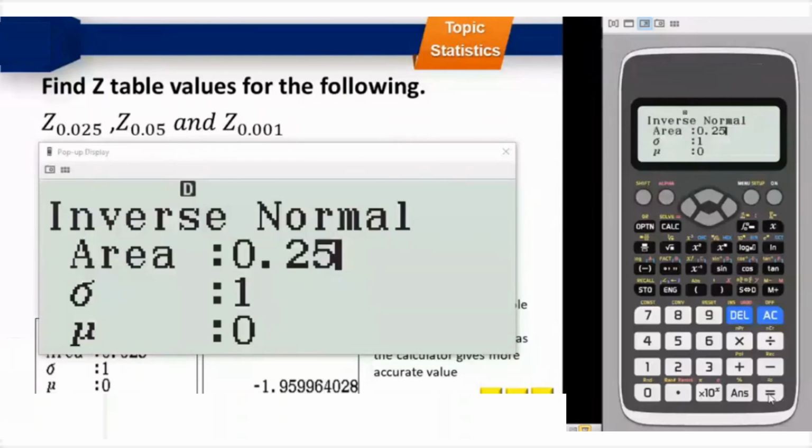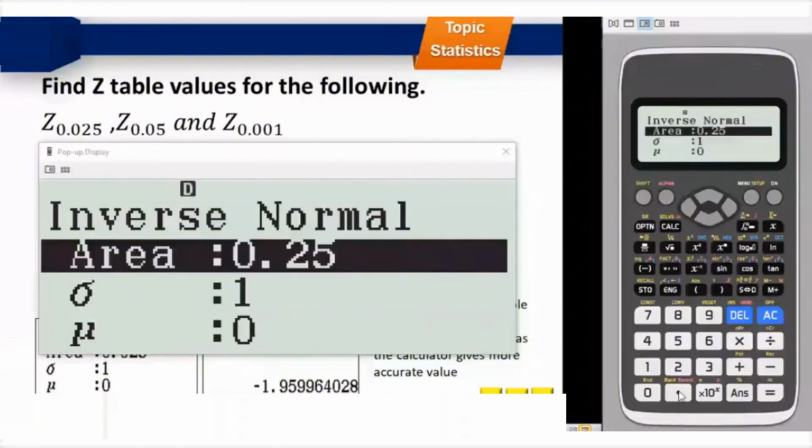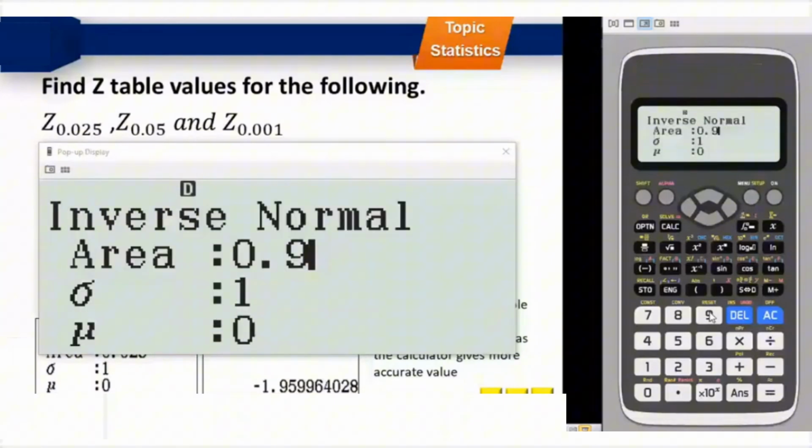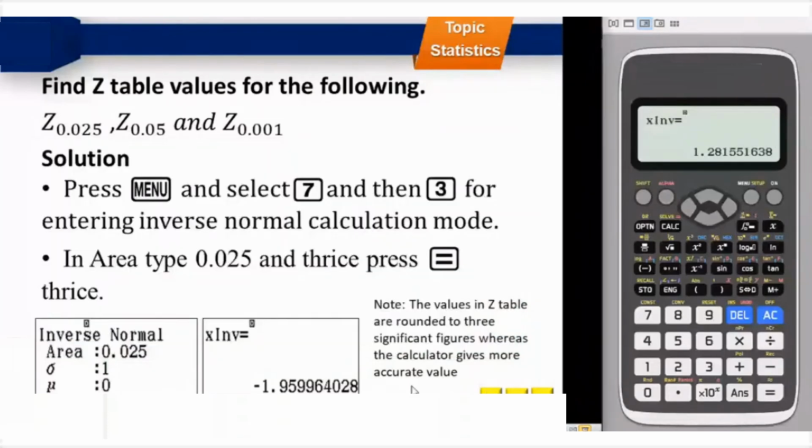If let's say I want a value that is 0.9, so the z table value will be 1.281. So the calculator will directly give you the z table value. The thing that you need to note is the values in z table are rounded to 3 significant figures, whereas the calculator gives more accurate value. That is the only difference.